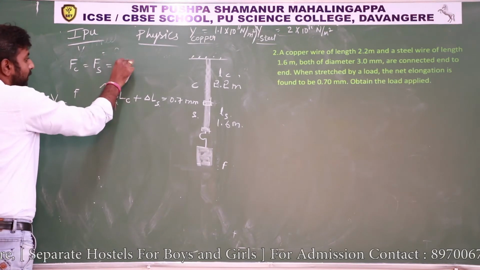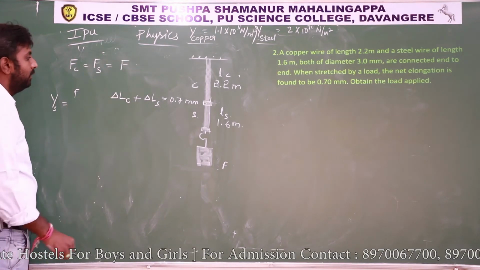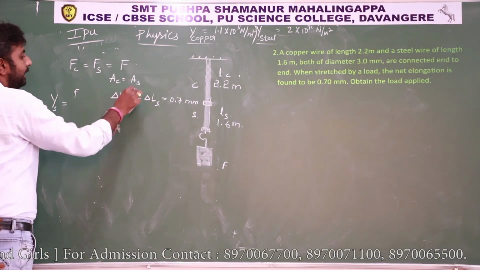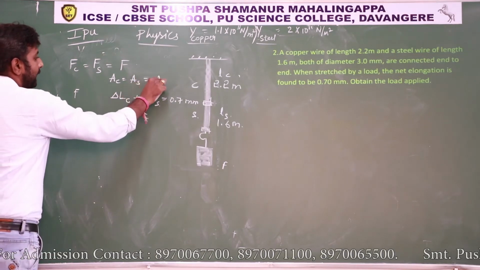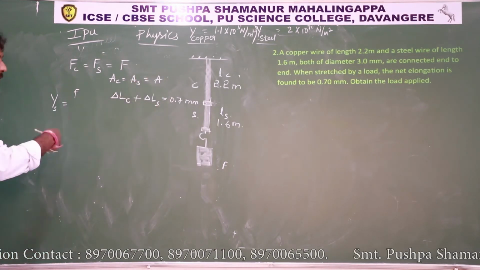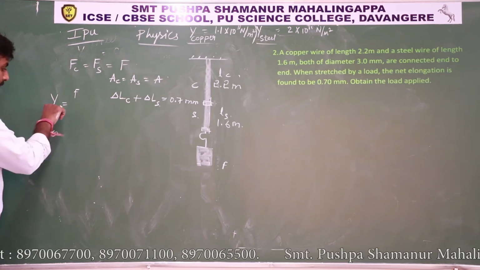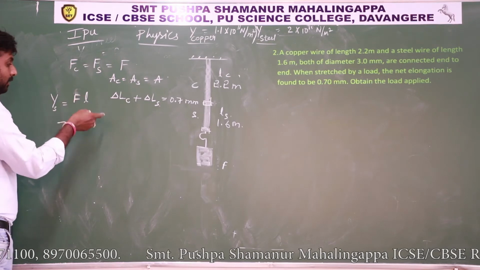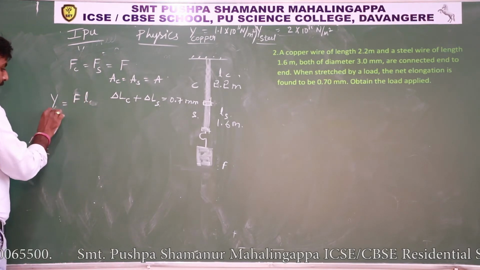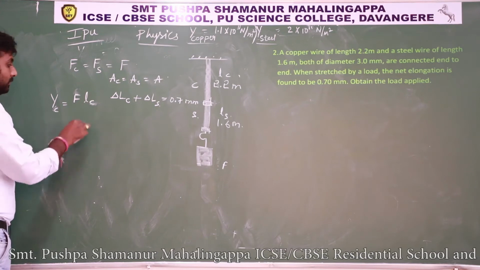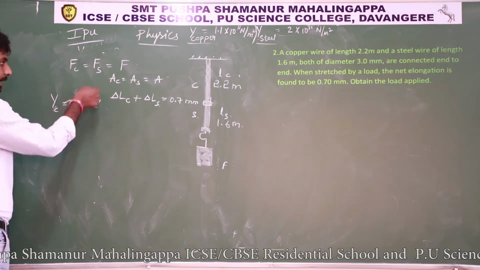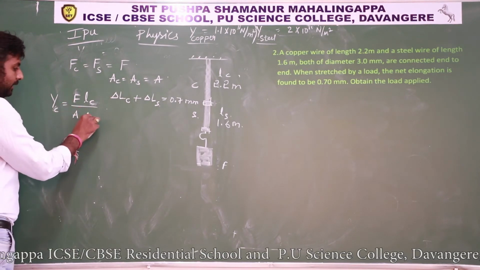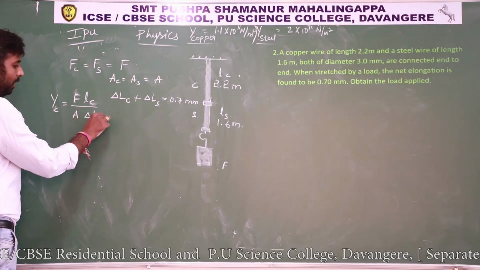That force I will consider as F. And diameter is same means area of copper is equal to area of steel, that I will take as A. But Young's modulus are different. Young's modulus of copper is F, copper length, I will write first, LC divided by area A, force F, then delta LC, that is change in length of copper.